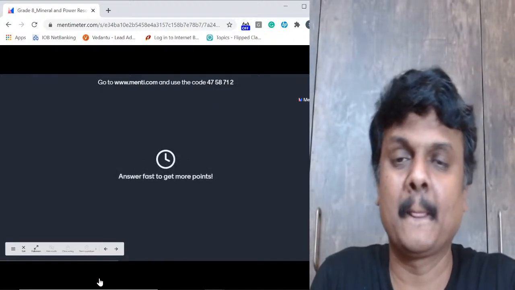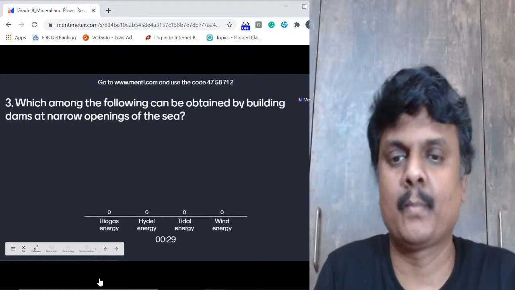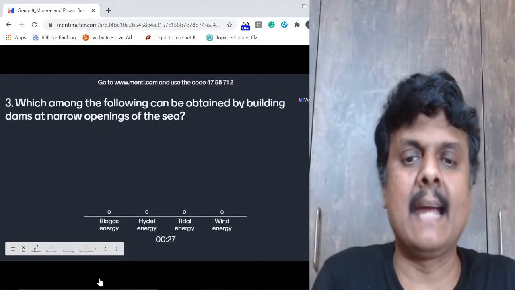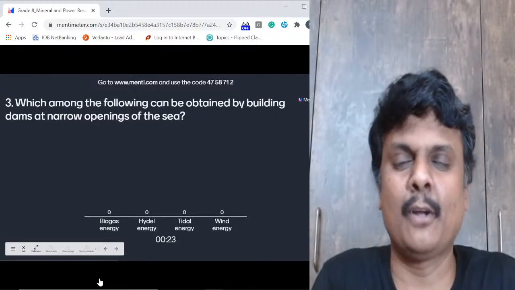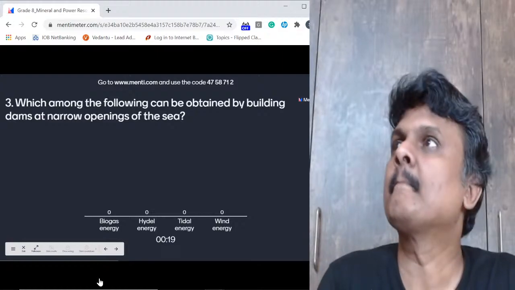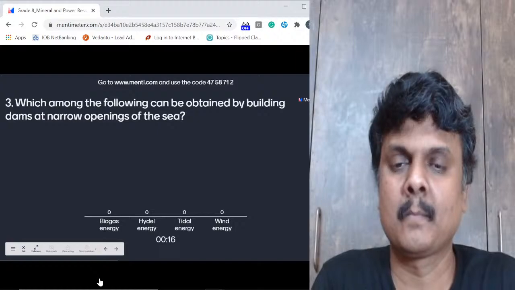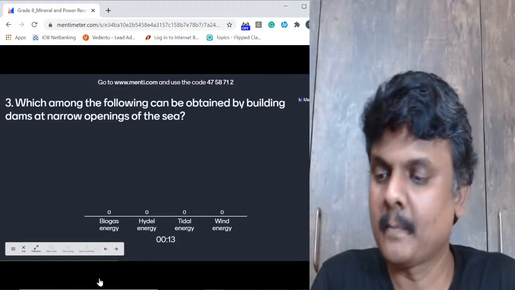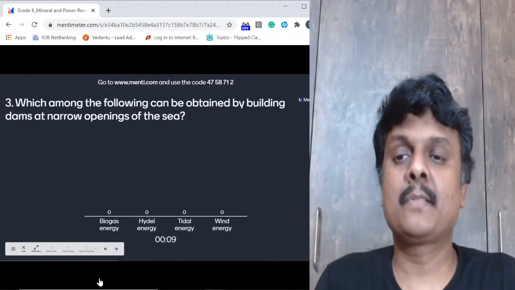Be ready. Which among the following can be obtained by building dams at narrow openings of the sea? Biogas, hydel, tidal, wind. Super simple, is it not? Time is running.